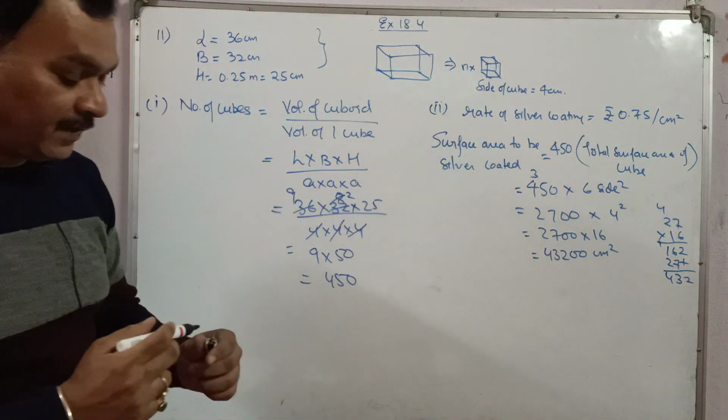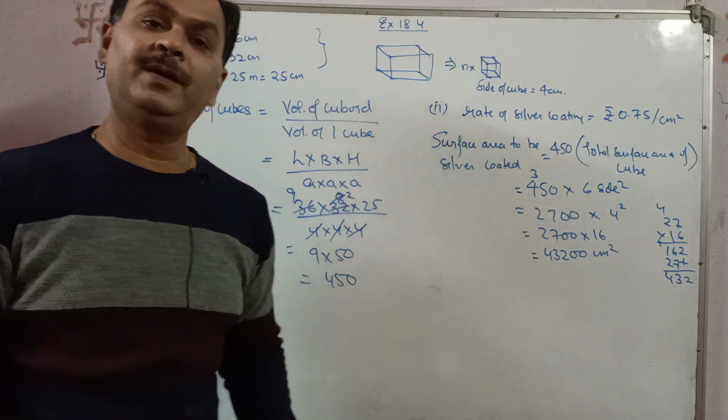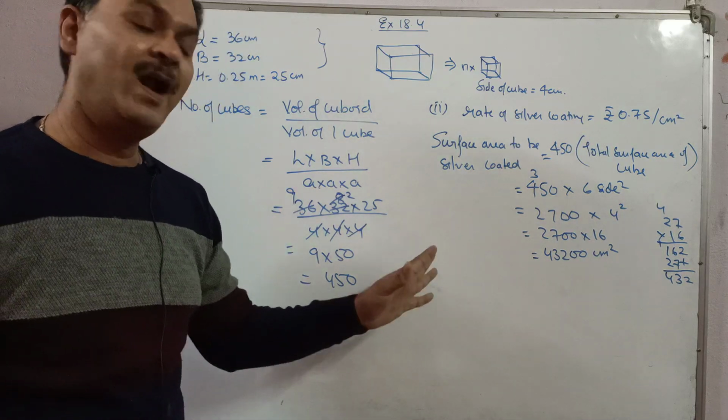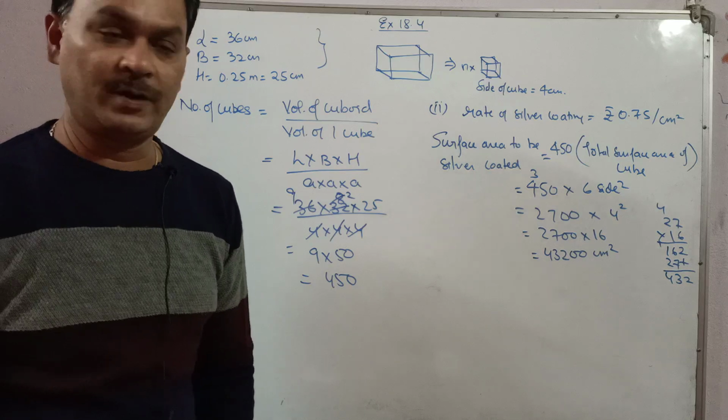So it's 43,200 centimeter square, the required surface to be silver coated.